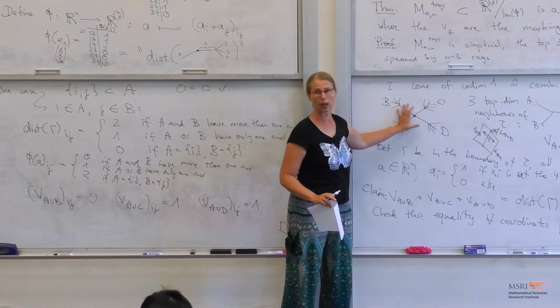How does the image look like? It's just going to be R, which has two cones. Let's call this sigma 2 prime and this sigma 1 prime. F restricted to sigma 3 is not injective. So this cone will just be forgotten in our image construction. F of sigma 1 is sigma 1 prime.